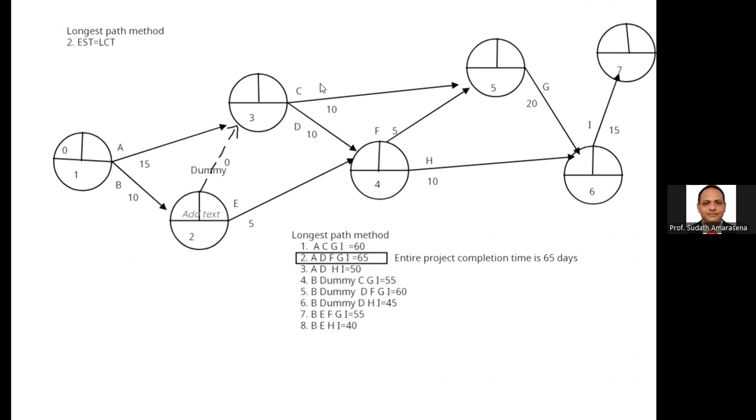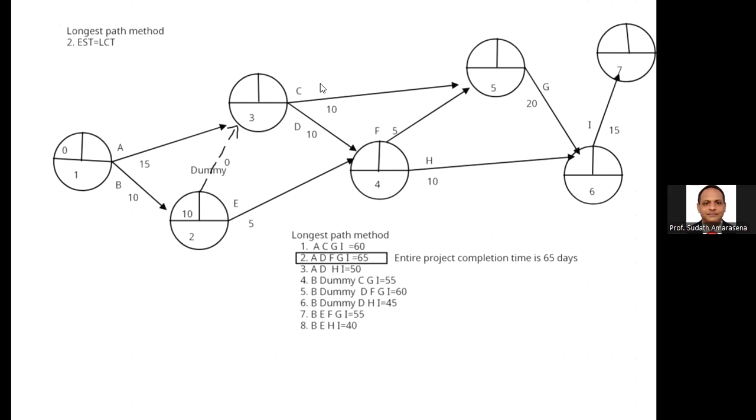Why? 0 plus 10 is 10. You start from 0 because the project has just started, then add the activity duration to get the next event's early starting time.